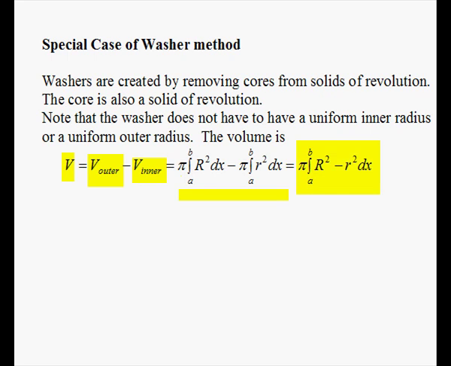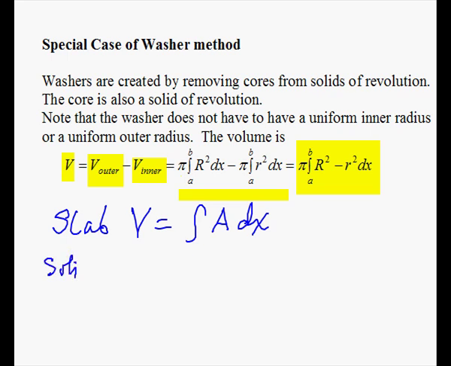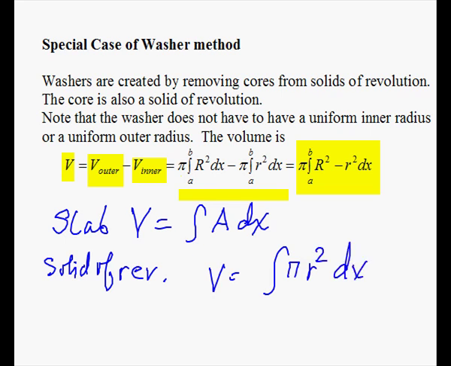That's the washer method. So you have slab, where it's the integral. I'm going to write this out for you. So for slab, you can see this in a group. It's not so hard to remember. The volume is the integral over the area. For a solid of revolution, the volume is the same thing, the integral over the area, but in this case the area is pi r squared, because if it's a solid of revolution, all the cross-sectional areas are circles.